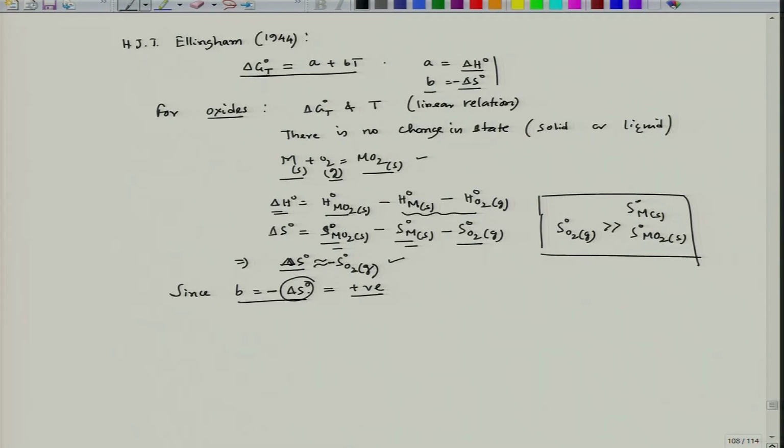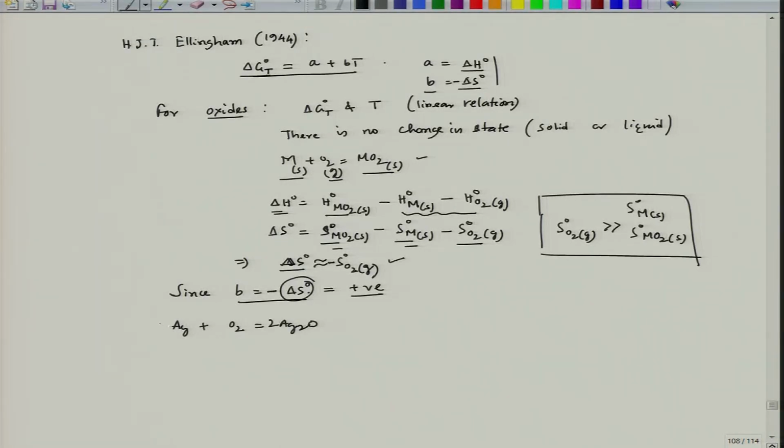So, let us plot, taking an example from the book by Gaskell. There it is taken as Ag oxidation.